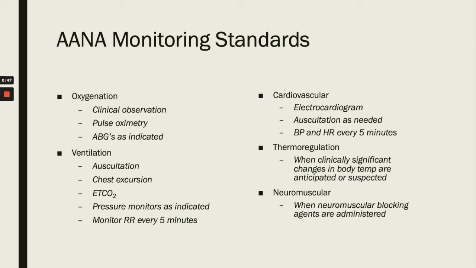Ventilation, we may auscultate, use chest excursion and end tidal CO2 to verify placement of an ET tube or an LMA. We use any pressure monitors as needed, and we monitor our respiratory rate a maximum of every 5 minutes. Cardiovascular system, an EKG, auscultate as needed, and we monitor our blood pressure, heart rate a maximum of every 5 minutes as well.